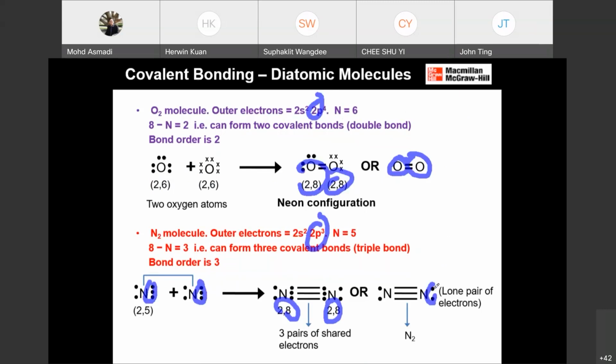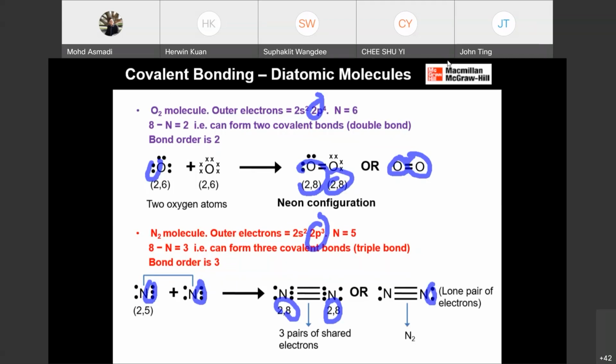There is a lone pair. Actually, the lone pair is very important in determining the geometry of your atoms, like water. If you see, water has a lone pair.